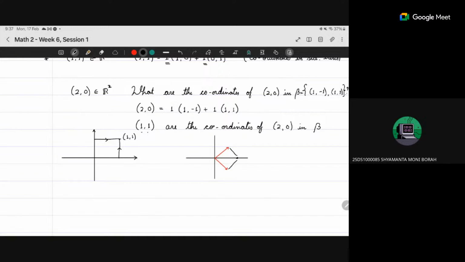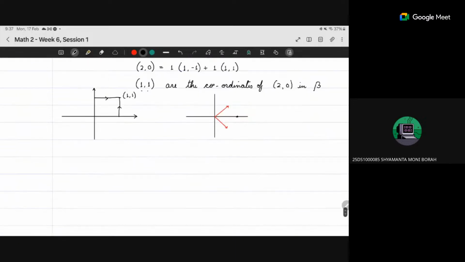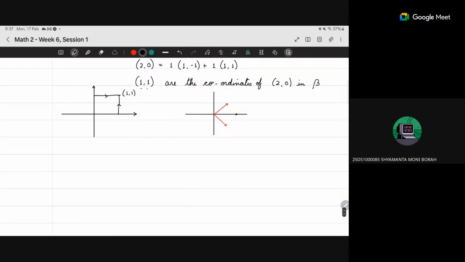So 1, 1 just means that with respect to the modified basis, this is where you'll find the point. So if I say 0, 1, what is the vector in normal coordinates which has the coordinate 0, 1 in the new system?